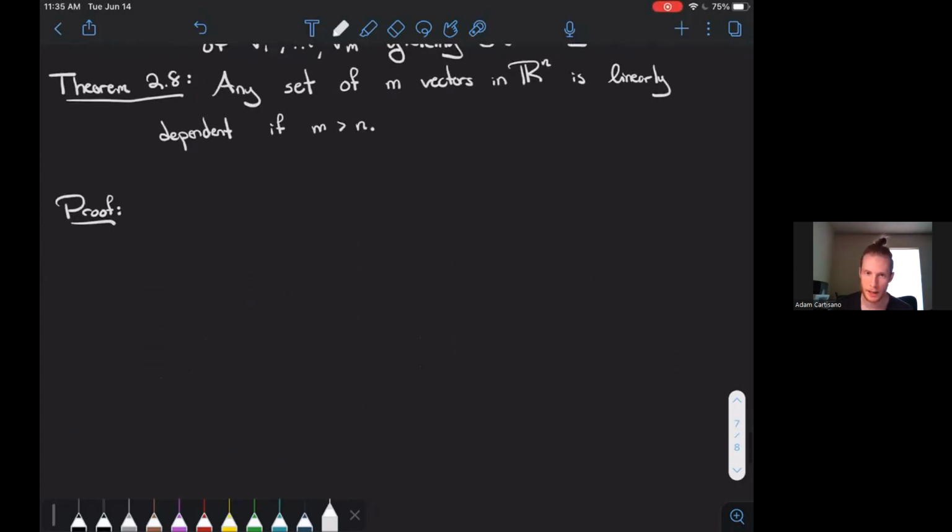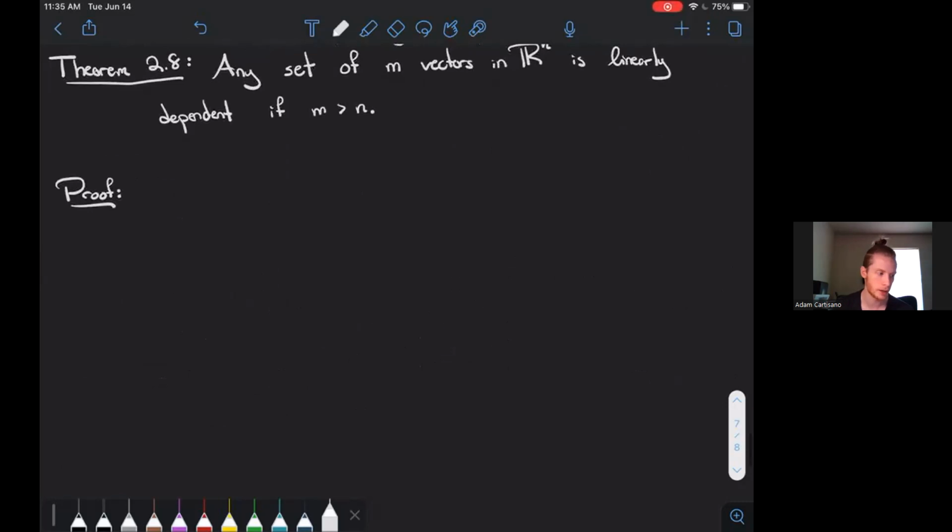We're going to end with one last theorem, theorem 2.8, which is really nice. It will help you tremendously, at least on one step of the written homework, but also just in life. This is always the first test that I apply when someone asks me, "Is this set of vectors linearly dependent?"